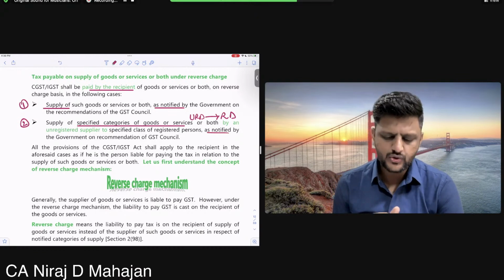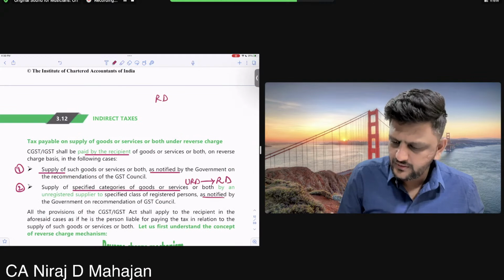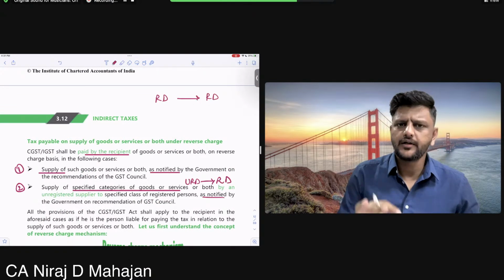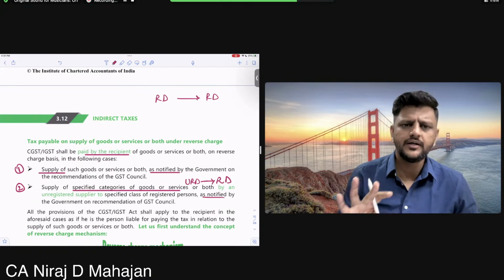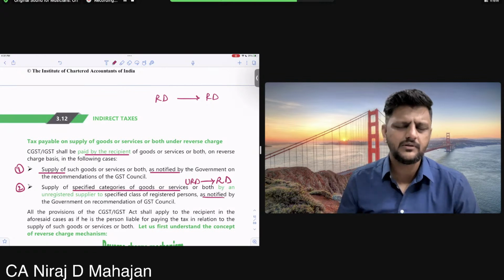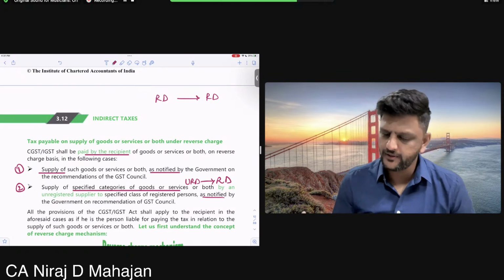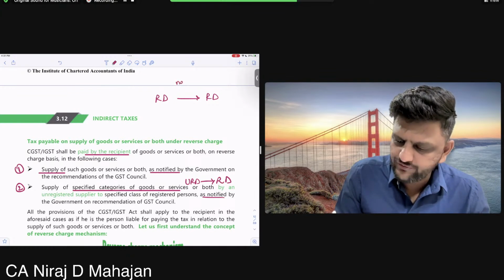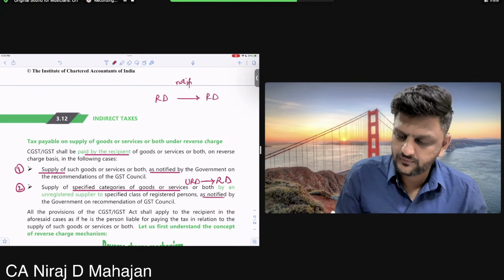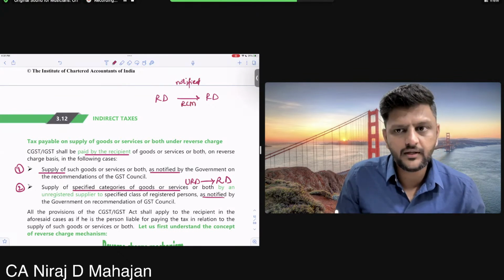What are we understanding, children, here? See, if it is RD to RD, remember, what is RD? Registered dealer. URD, unregistered dealer. Is it okay, everybody? Here they use the word supplier, I am using the word dealer. So registered dealer to registered dealer, if it is notified, then RCM is applicable.